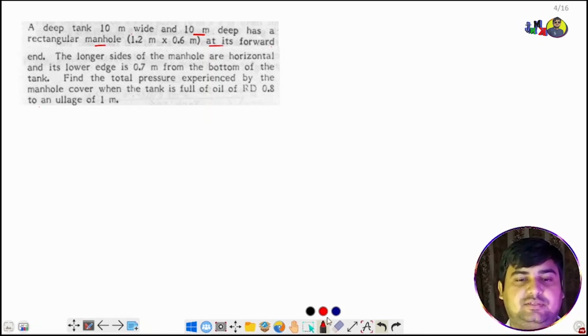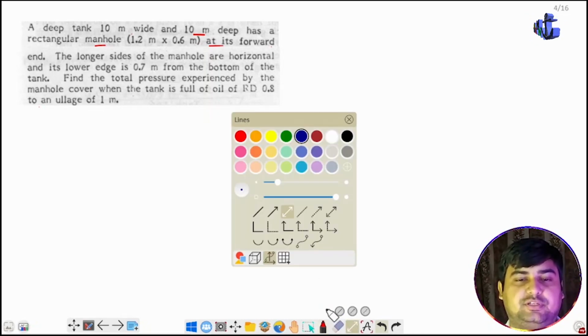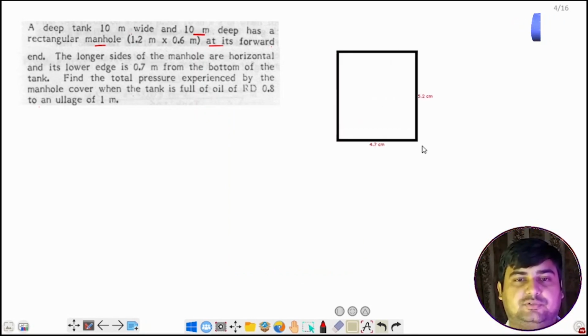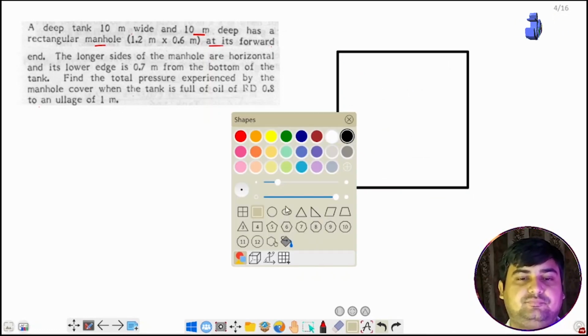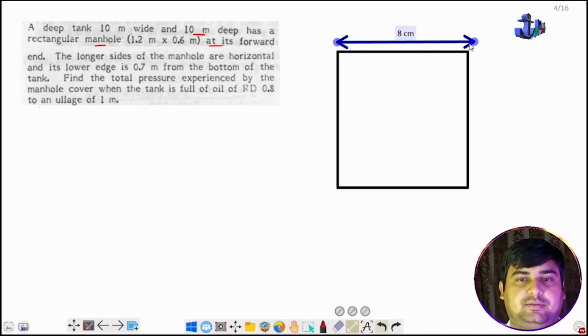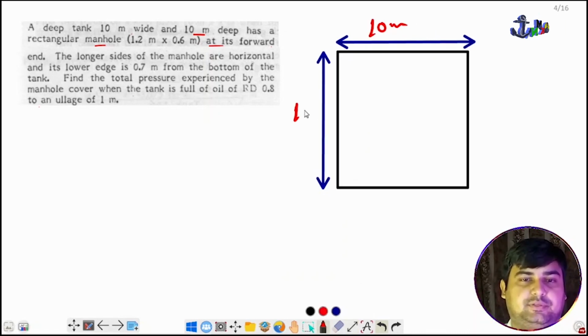So as we know from the question, we need to first always draw the diagram. So we'll draw a deep tank 10 meters wide and 10 meters deep. Okay, so suppose this is the deep tank and we will label it 10 meter by 10 meter. It has a rectangular manhole 1.2 meter into 0.6 meter.